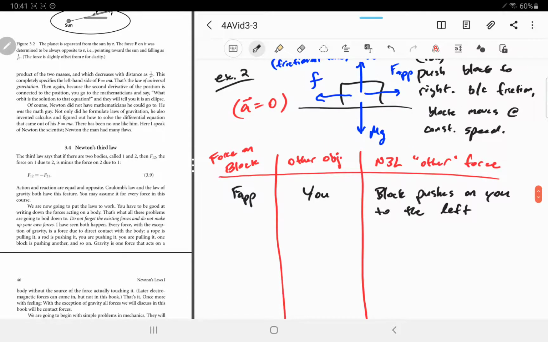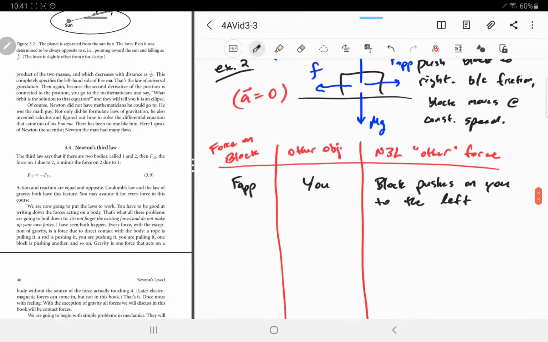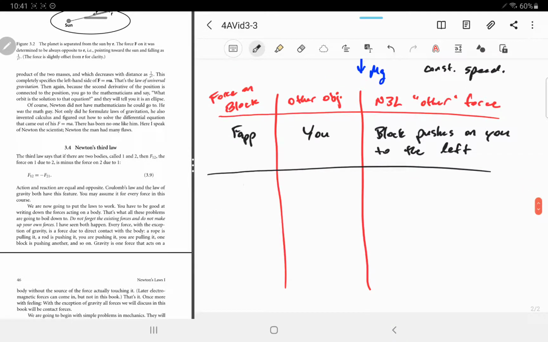Maybe you don't notice this because you're on the ground and friction's holding you in place. But if you're on ice and you start pushing something heavy to the right, you're going to start drifting to the left. The block is pushing back on you to the left. Okay, that's one of them. What about the frictional force?